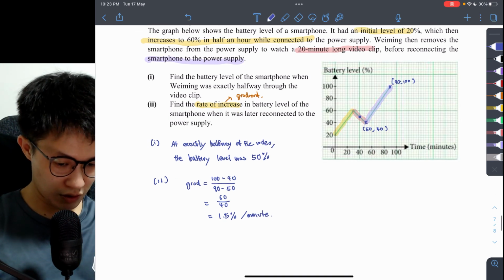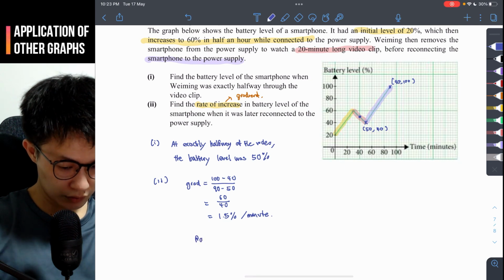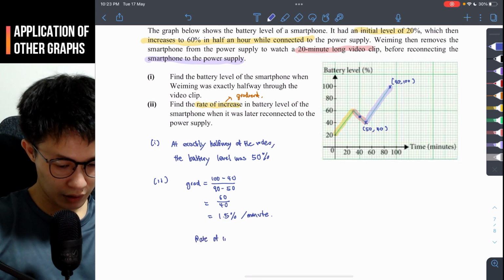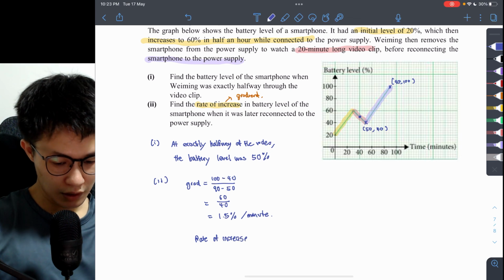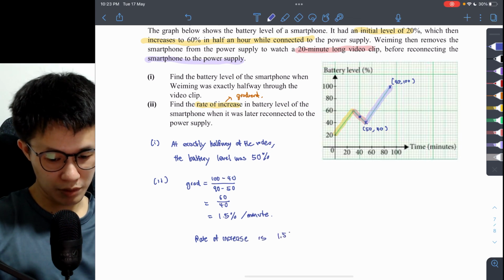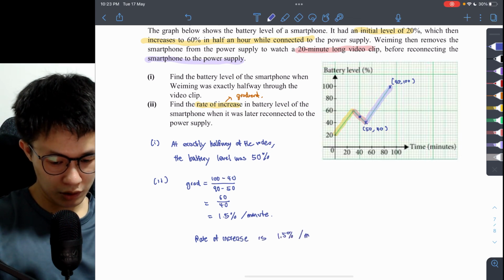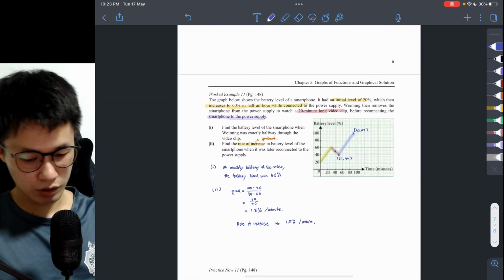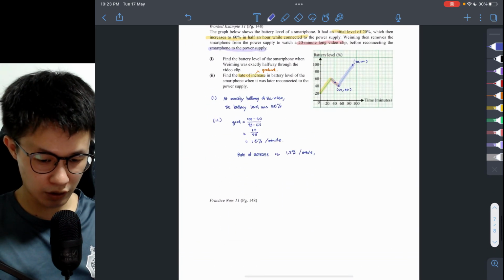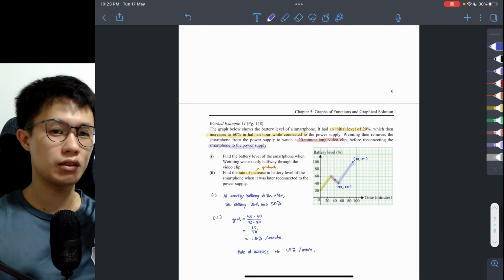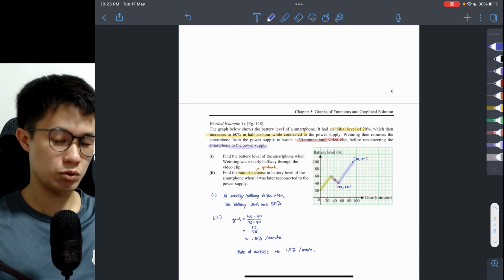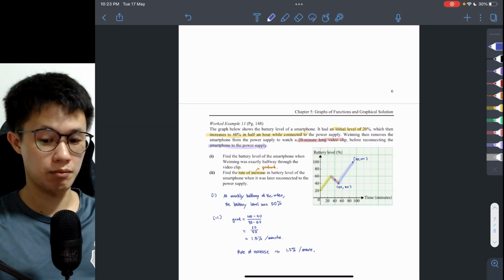So the rate of increase is 1.5% per minute. Okay, so that will be all for this part of this lesson, to look at different graphs and see how we make sense of them. Thank you.